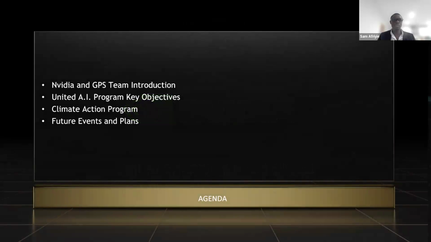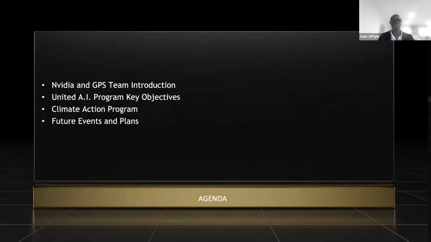To give you a big overview of NVIDIA and who the global public sector team is, I'm going to go over a few slides. I'll talk about NVIDIA as a full stack company, the technologies we provide for different governments, and how our team engages from a policy perspective as well as architecture design, and as a top partnership and technical training partner for many countries around the world.